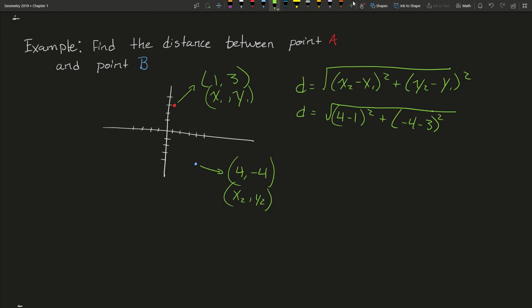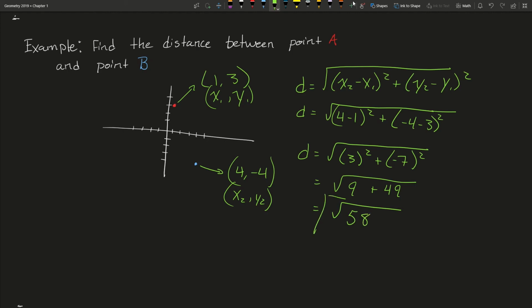Once we substitute in our values, all we have to do is simplify. So d will equal the square root of 3 squared plus negative 7 squared. That simplifies to the square root of 9 plus 49, which is equal to the square root of 58. And again, that is a perfectly reasonable answer.